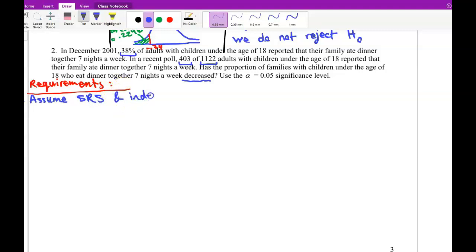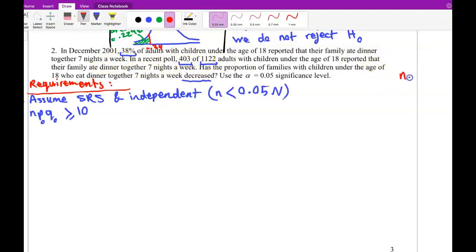And sample values are independent. What that means is n is less than 5% of the population. So we have the first one, the third one. The second one was n times p0 times q0, so n times p times q greater than or equal to 10. Okay, what was given here?